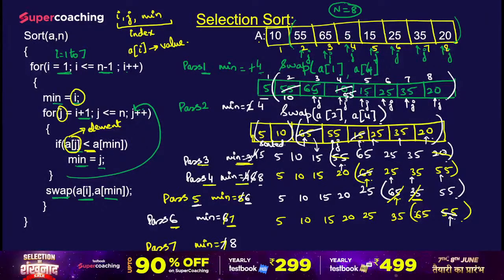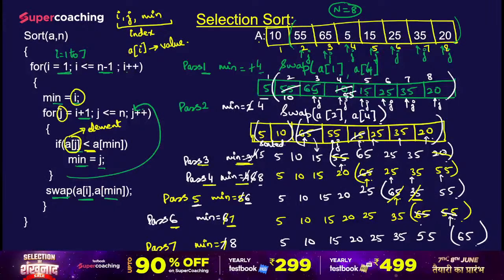So this comes out to be 55 and 65. This is 5, 10, 15, 20, 25, 35. By the end of pass 7, the first 7 elements are sorted. We are just left with one element, and to sort one element, no pass or comparison is required. So we'll stop here. Make sense?